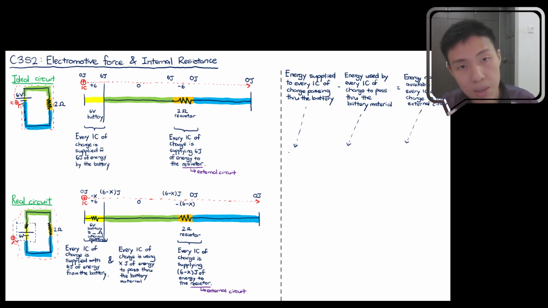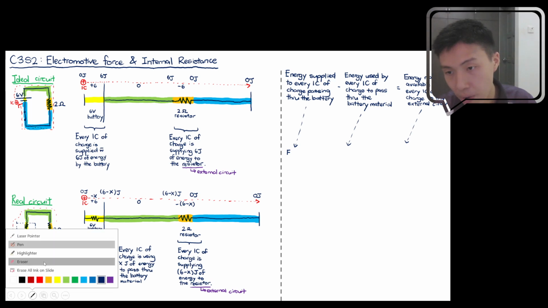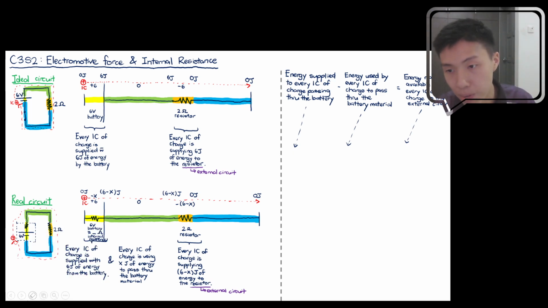The energy supplied to every 1 coulomb of charge passing through is called the electromotive force. This is the important part right now. This is the electromotive force, and electromotive force has a symbol of epsilon.